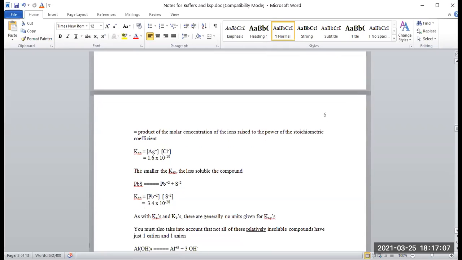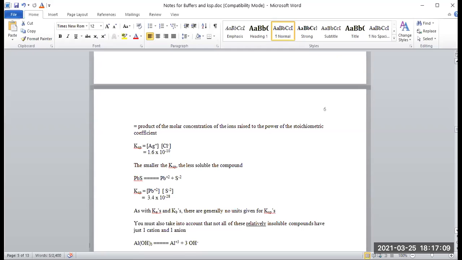So let's pick some more on my silver chloride. I'm going to write this kind of like when I did my pHs, in that there is no bottom to my equilibrium expression that has a K in it.